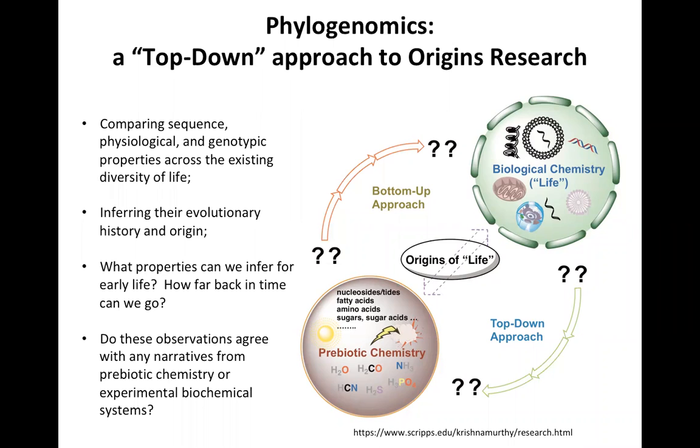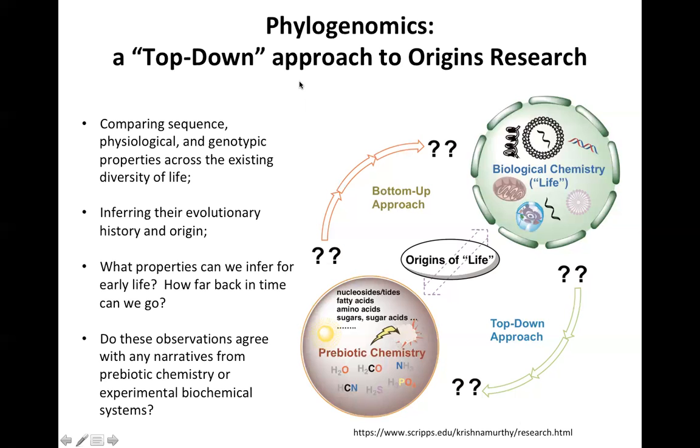As opposed to, say, looking at prebiotic chemistry and coming up with plausible ways that life could originate, and the earliest steps from abiogenesis to organic synthesis to combining complex organic molecules toward lifelike systems, what we do is look at existing living systems, comparing sequence, physiological characteristics, or different properties across existing diversity of life, and then we work backwards, trying to reconstruct more ancient states leading back to the last universal common ancestor and even earlier, reaching towards the prebiotic world. And this is called a top-down approach.